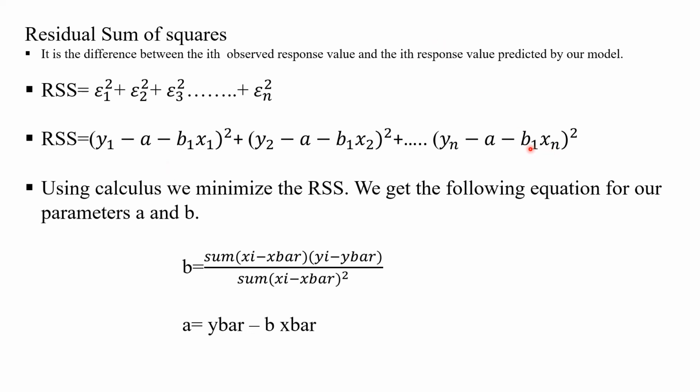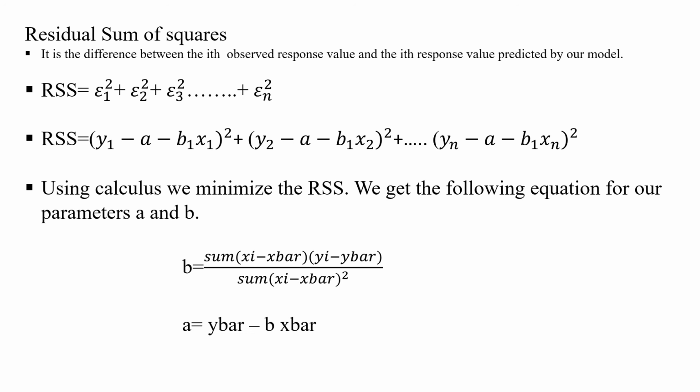After a lot of calculus and differentiation, we come up with the formula of b: b is nothing but the summation of xi minus x bar times yi minus y bar, where x bar is the mean of x and y bar is the mean of y, divided by the sum of xi minus x bar the whole square.